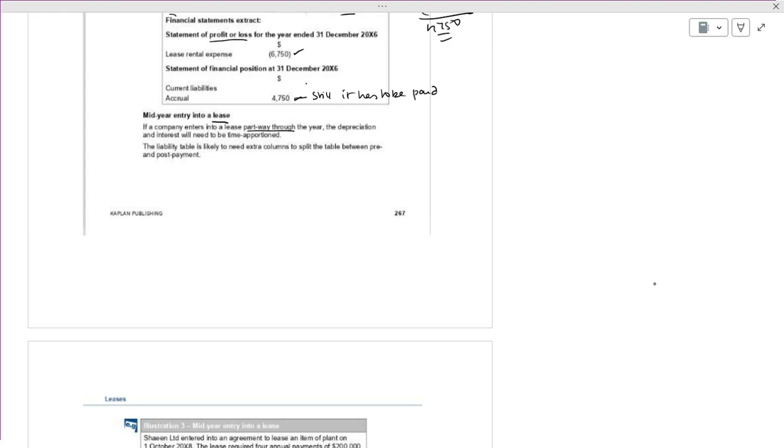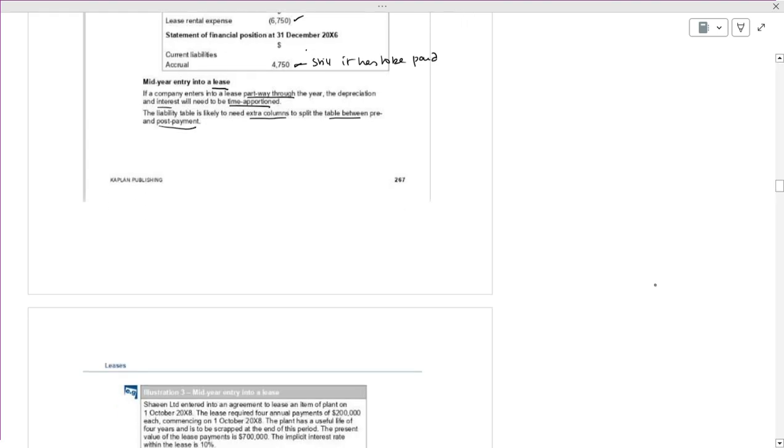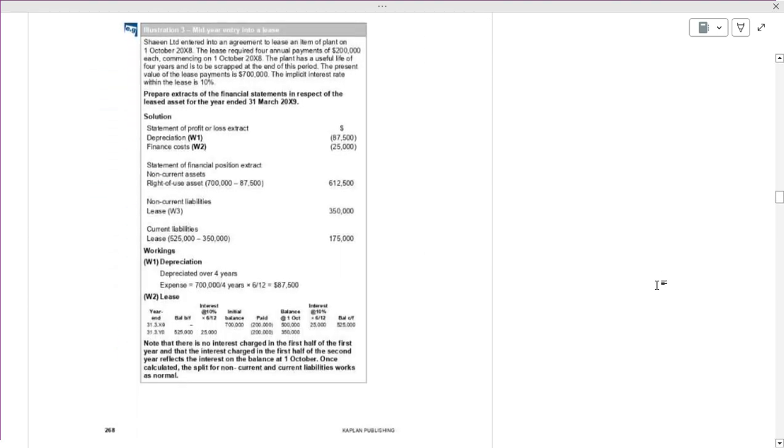But if you are doing it in the middle of the year, the depreciation and interest will be time apportioned: 6 by 12, 8 by 12, 9 by 12, whatever. The liability table is likely to need extra columns to split the table between prepayment and post payment. That means you will need some more calculations.